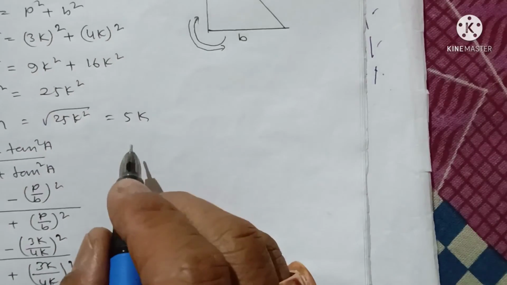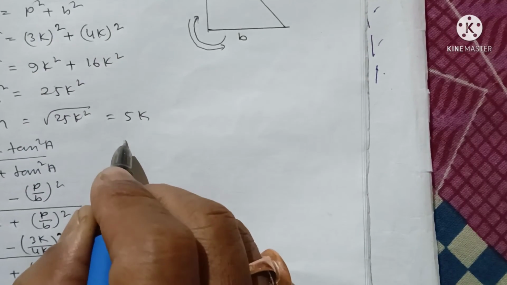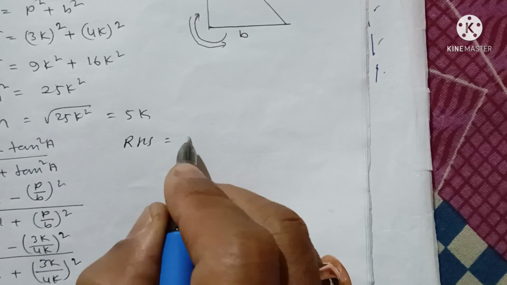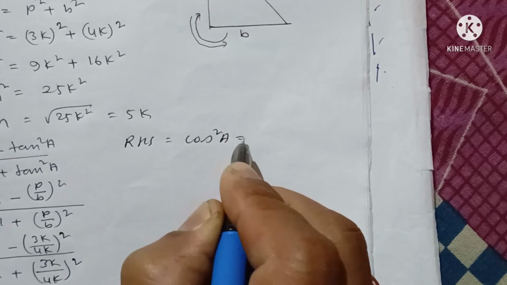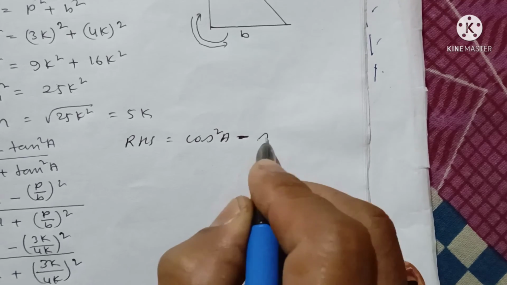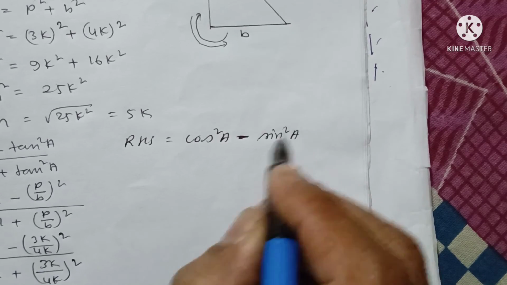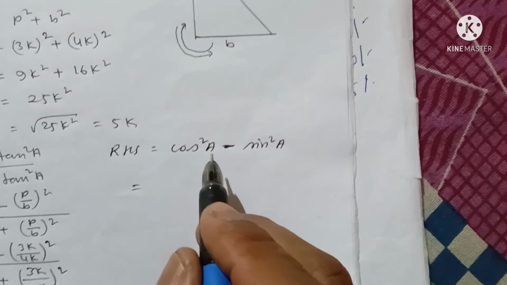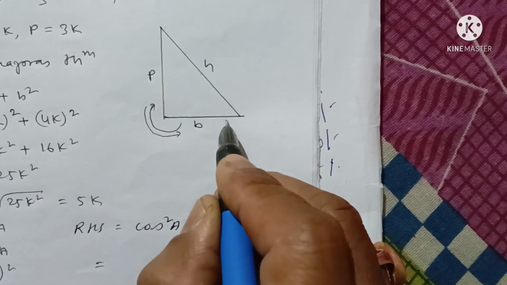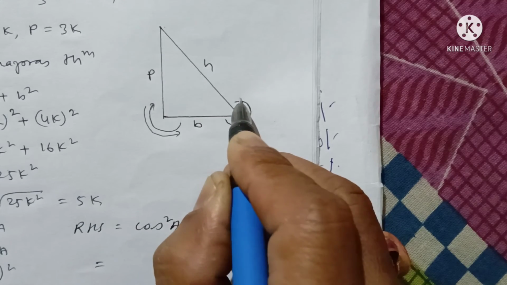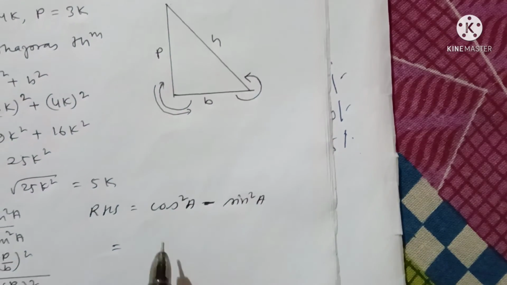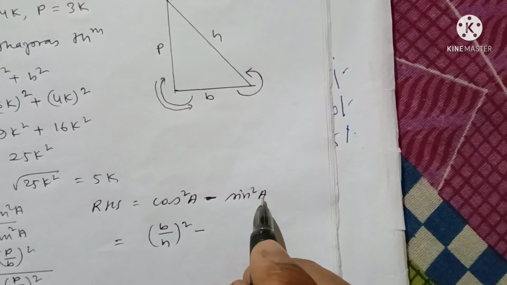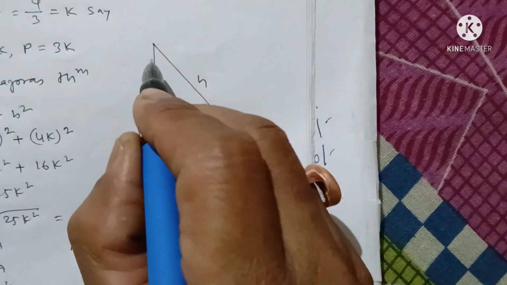Here again from right hand side, cos square A minus sin square A. Now cos A means what? Cos A means base by hypotenuse, base by hypotenuse whole square. Sin A means what?